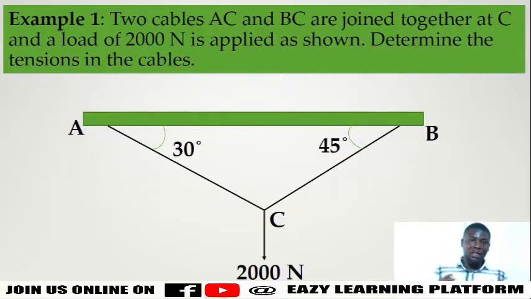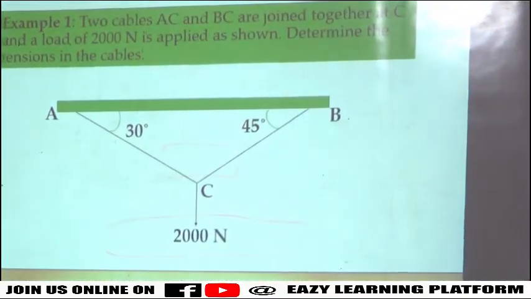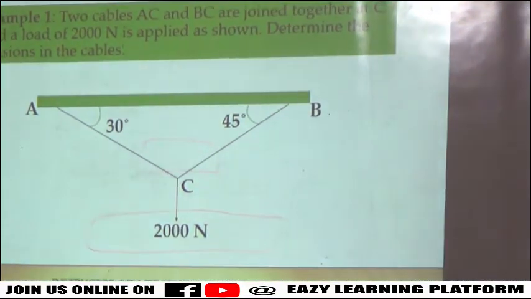If you are dealing with only 2D, x and y, the summation of forces in the x direction must be equal to 0, and in the y direction must be equal to 0. Now this is a simple 2-dimensional analysis, x and y. So we're going to see how to apply the equilibrium equation.